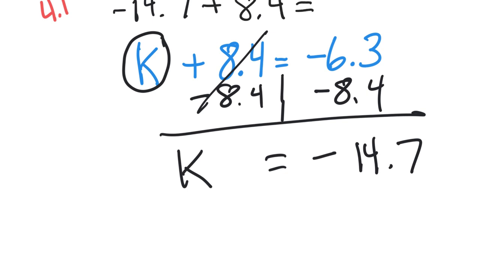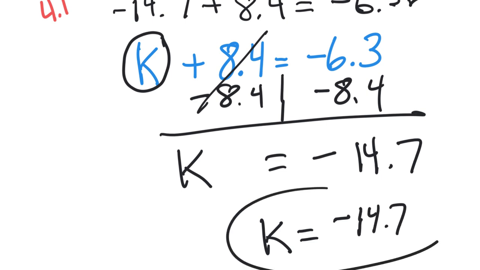And when I do that, I can see that I get a negative 6.3. So it checks out. So to solve that equation, my solution is K equals negative 14.7. I circle it. That's what I got.